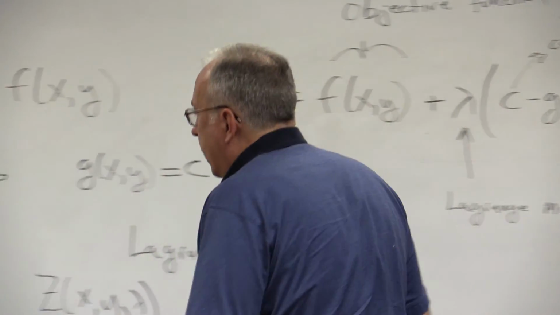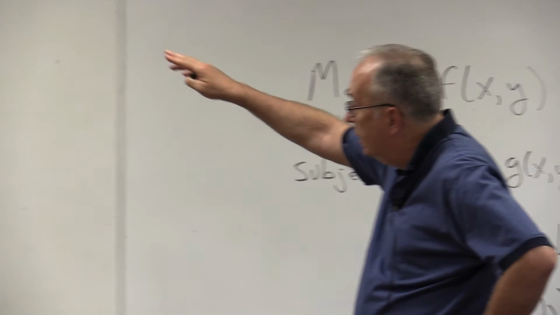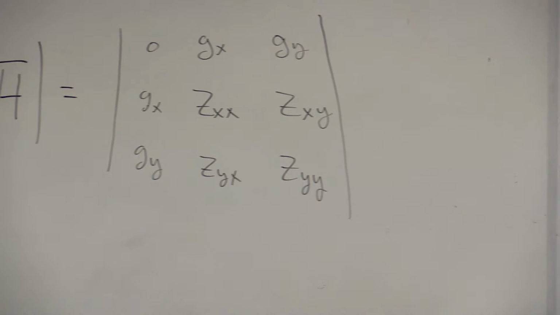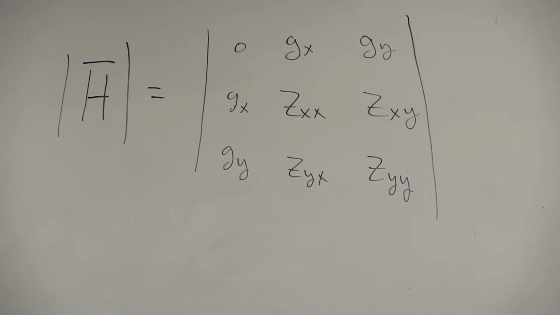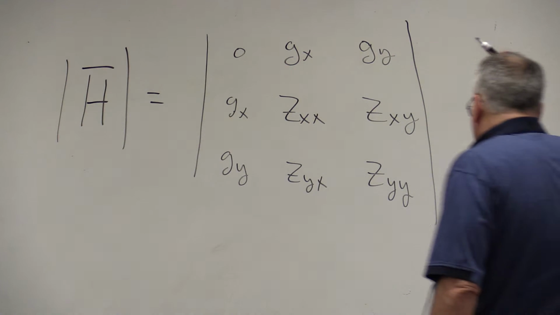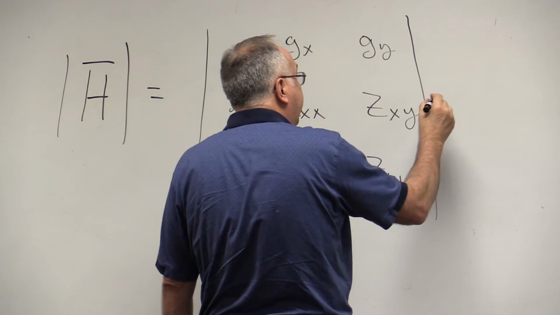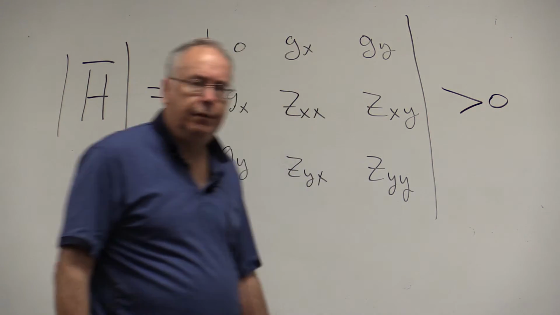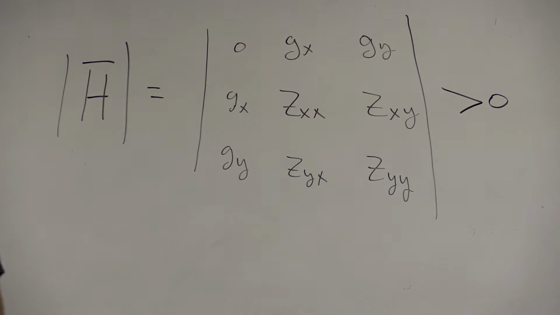This is the condition for the second order total differential to be negative definite. For a maximum, you want the second order total differential to be negative definite. So the sufficient condition is that this be positive. Okay, for a maximum.